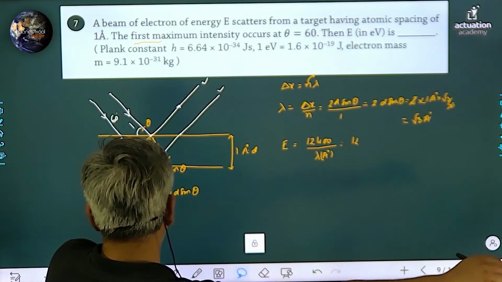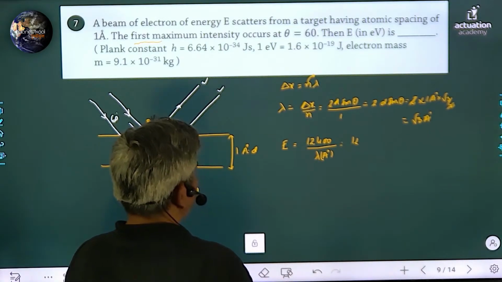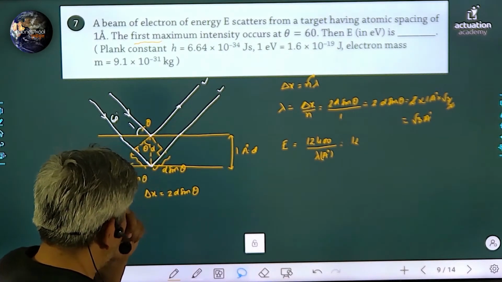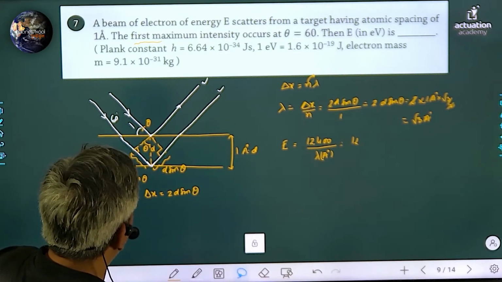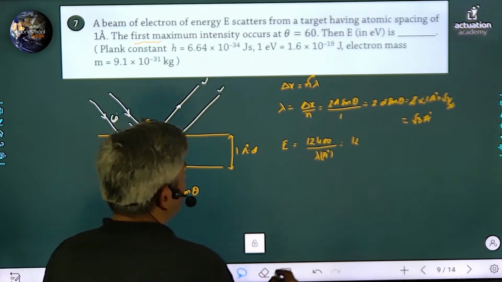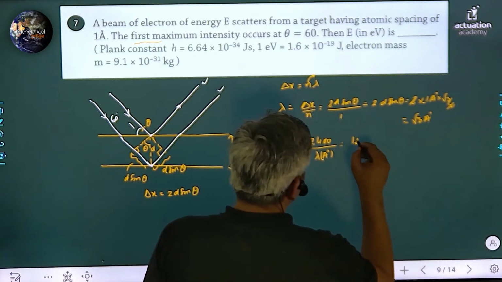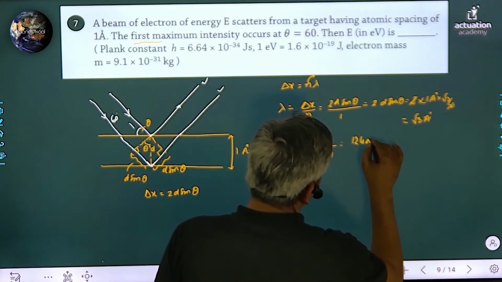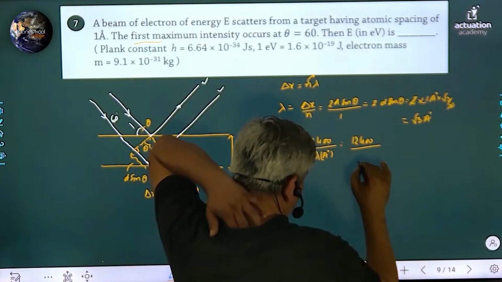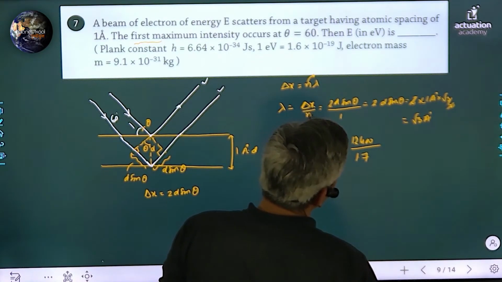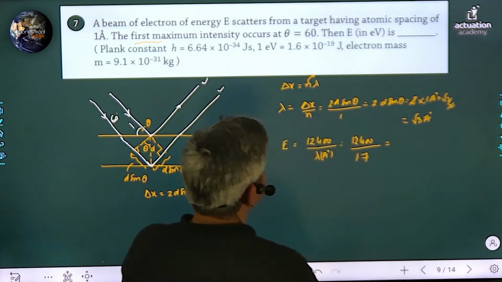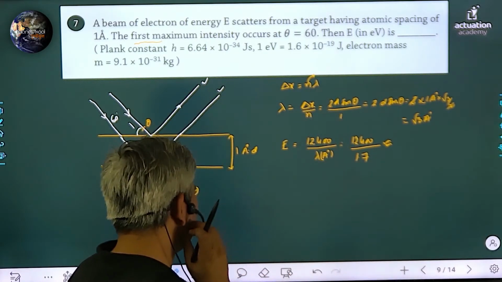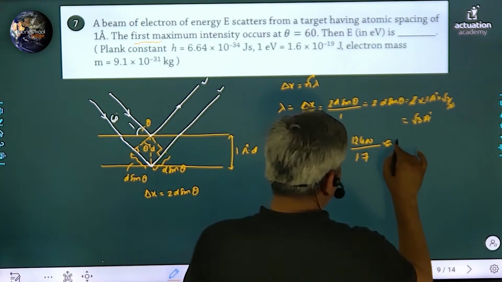So lambda is 2d sine theta, root 3 angstrom, and this is nothing but 12,400 divided by lambda in angstrom, which is 1.7. This will give us approximately 119.